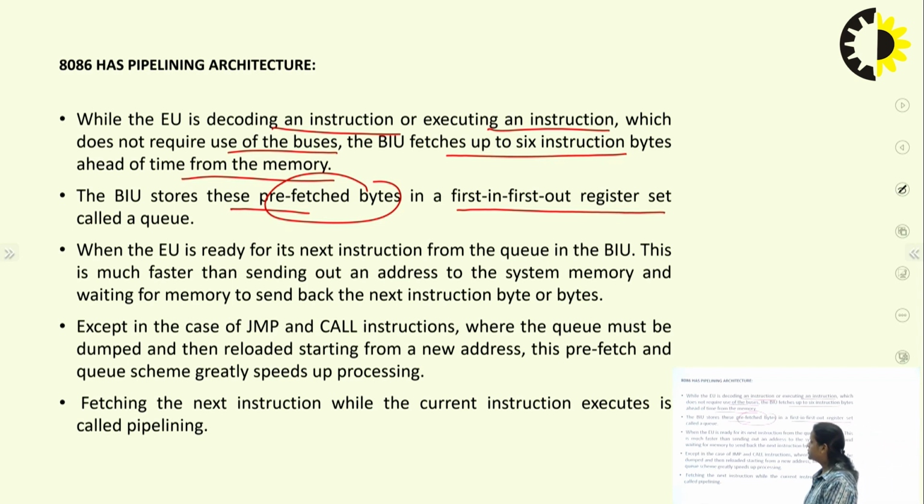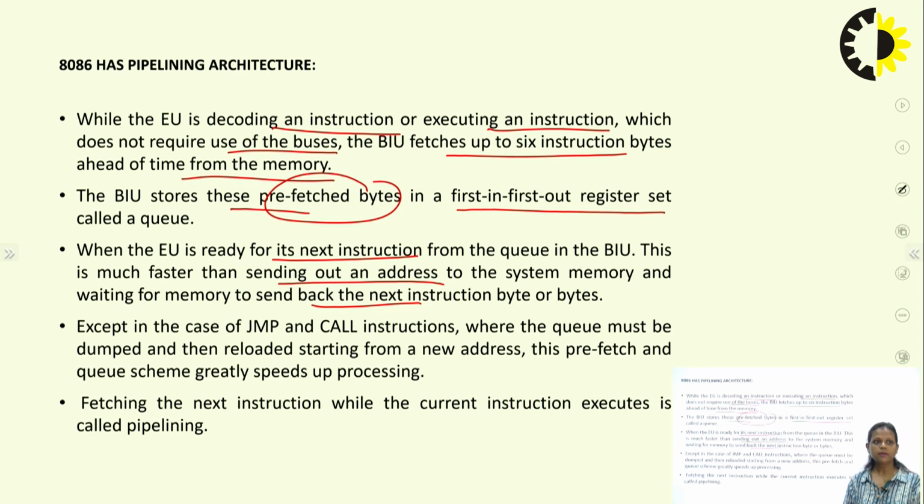So when the execution unit is ready for its next instruction from the queue in the BIU, this is much faster than sending out an address to the system memory and waiting for memory to send back the next instruction byte or bytes. But there is an exception if we are using a jump or call instruction.